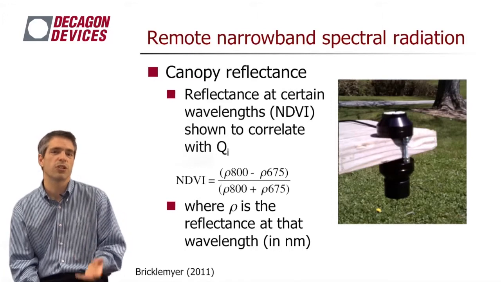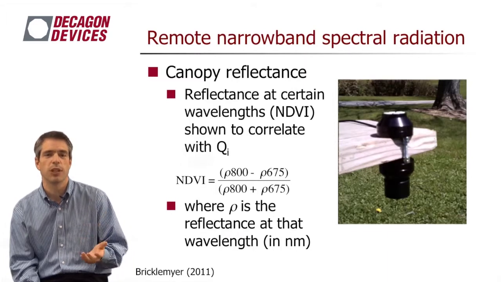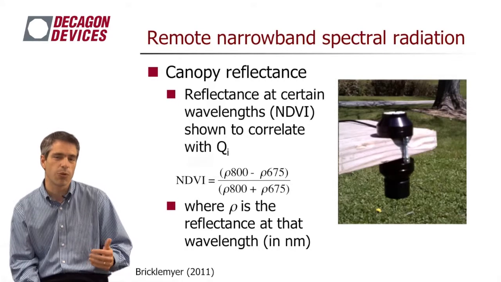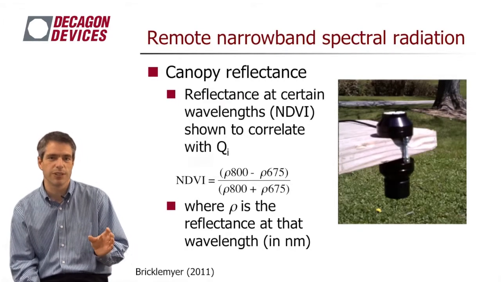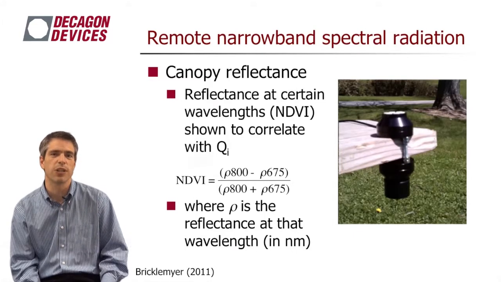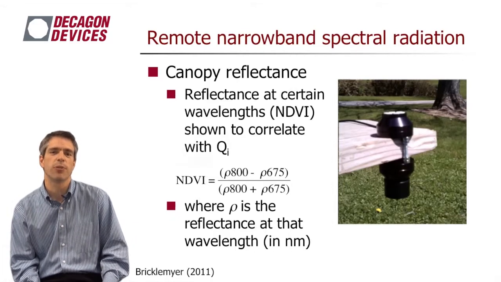It compares the reflection off the surface of whatever crop or canopy that you're looking at, and it takes the difference between them, divides them by the sum of them, and that NDVI value then is correlated with the leaf area index or the intercepted value. In the literature, there's some discussion on that. We can take it to be approximately equal to the intercepted radiation in that crop. And there's a paper available on that I've noted down there at the bottom of the page.